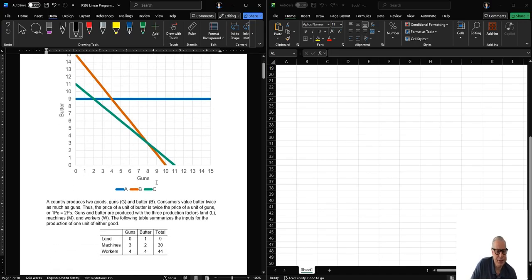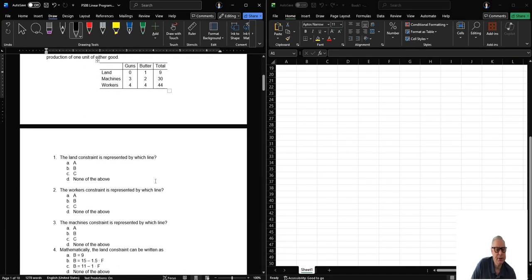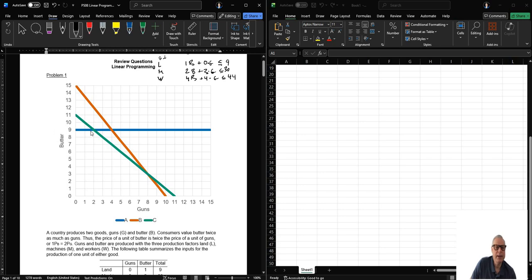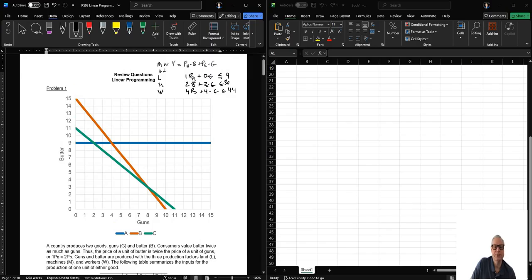And now let's see what the first question is. The land constraint is represented by which line? Okay, so land is obviously the blue line, because if I use up all my resources to produce butter, I can produce a maximum of 9. So A must be butter, and there is no trade-off.